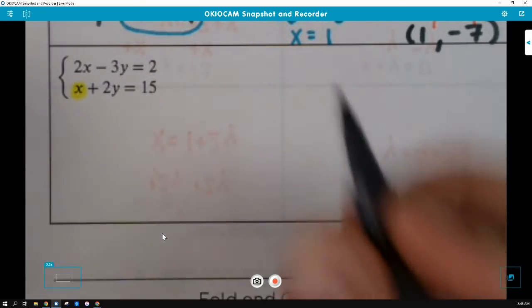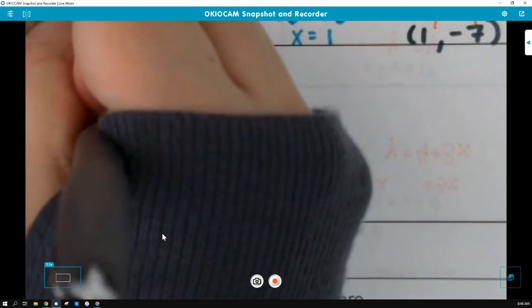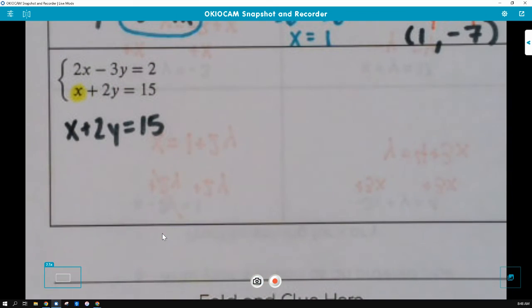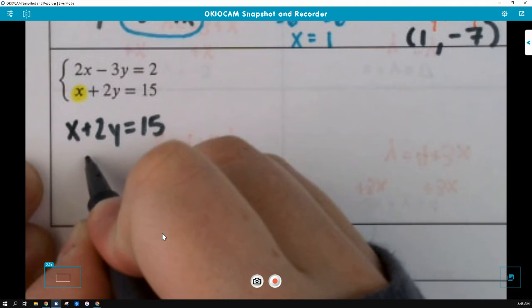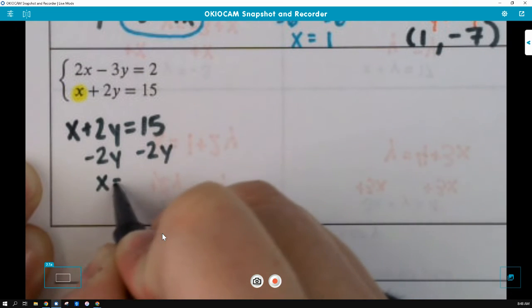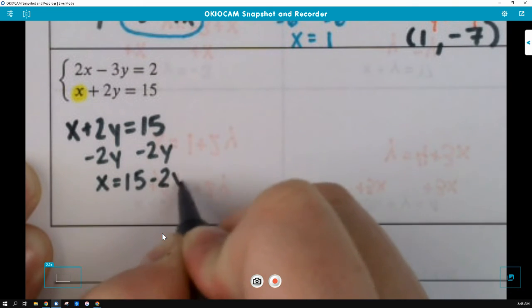So I'm going to rewrite that equation. X plus 2y equals 15. And then I'm going to solve for x by subtracting 2y from both sides. X equals 15 minus 2y.